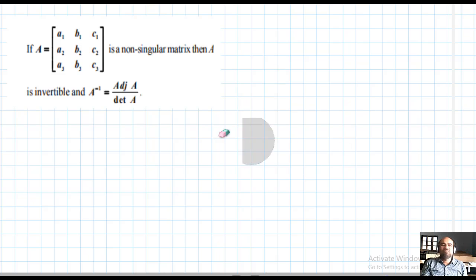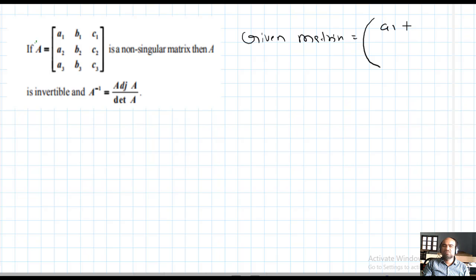Now I want to prove that the inverse of this matrix equals adjoint A by det A. Students, listen. I will write neatly. Given matrix A equals A1, B1, C1, A2, B2, C2, A3, B3, C3.